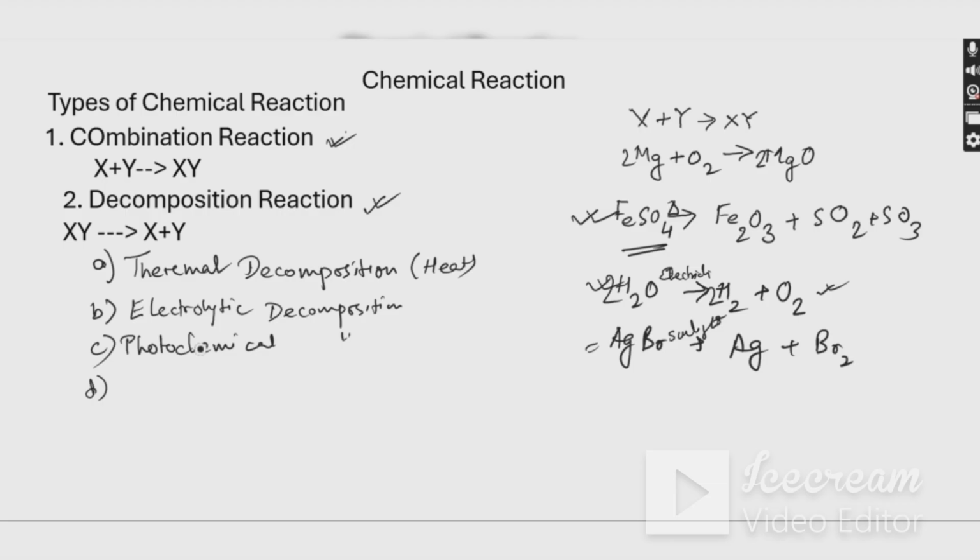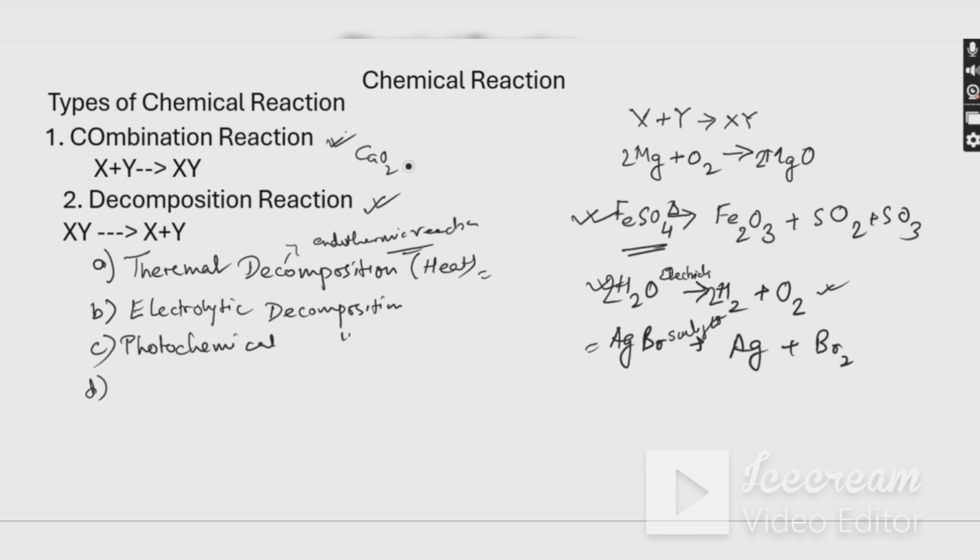Also, when I'm saying thermal decomposition, what am I doing? I am giving heat. So this is a kind of endothermic reaction. When I say endothermic reaction, there is something called exothermic reaction wherein heat is being produced.